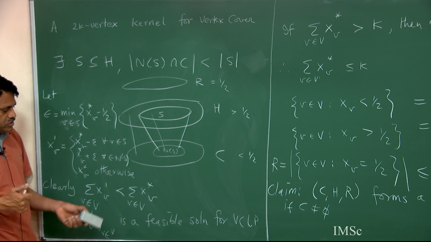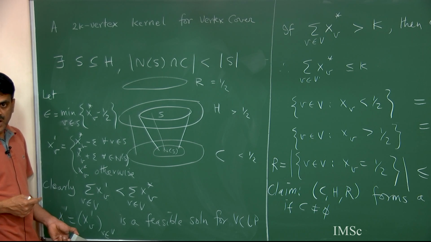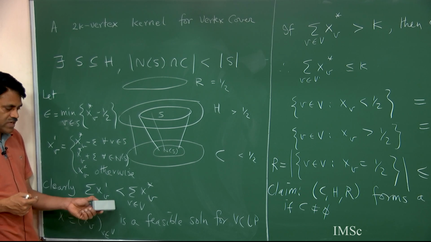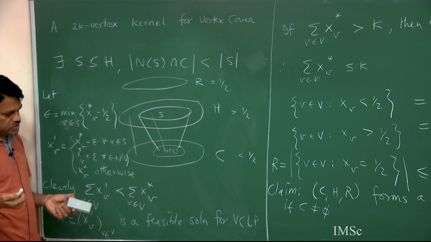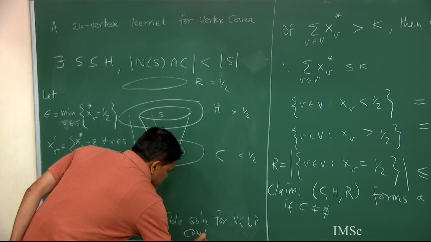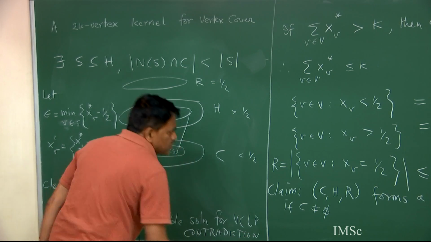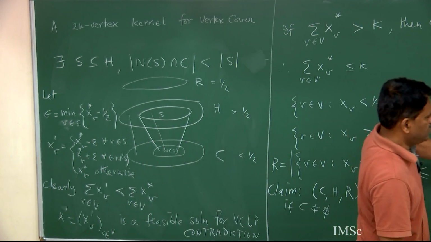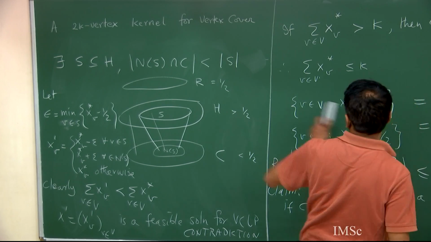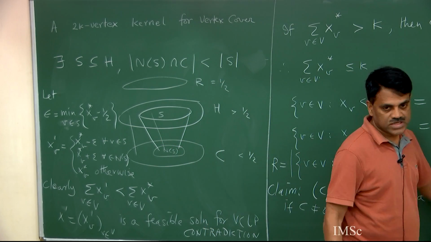So what I have produced is a feasible solution to the linear program whose objective value is strictly less than what I claim to be optimum, so that is a contradiction. Contradiction to what? Contradiction to this, that there exists some S whose neighborhood is strictly less, so there is a matching that saturates it.